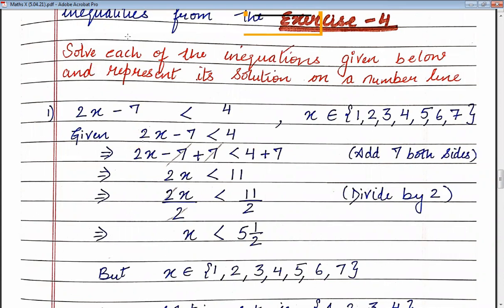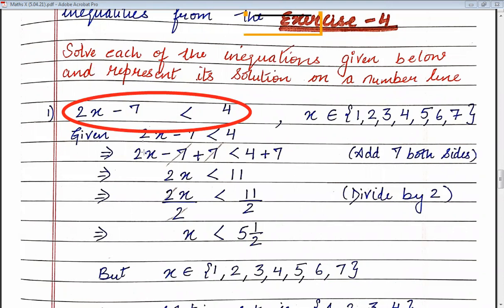Now let's have a look at the very first question, that is 2x minus 7 less than 4. We have to solve this linear inequation, and we have to get the value of x.